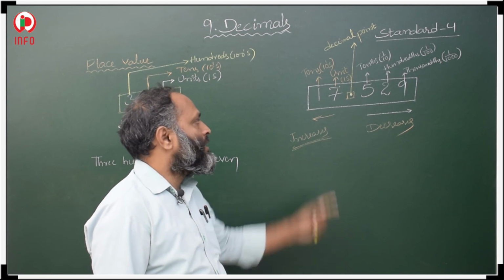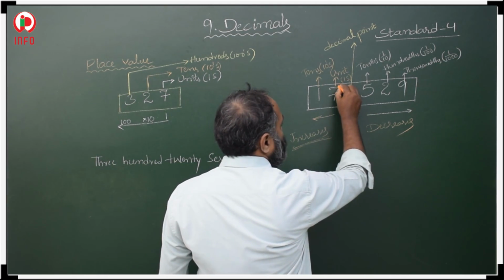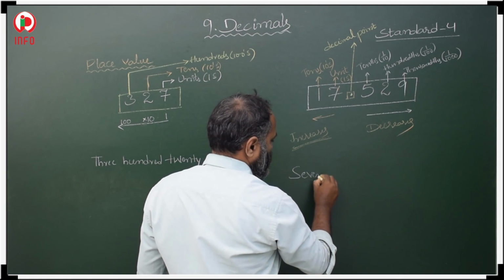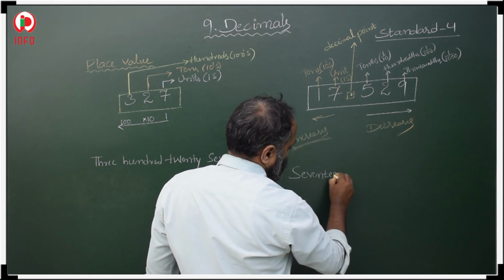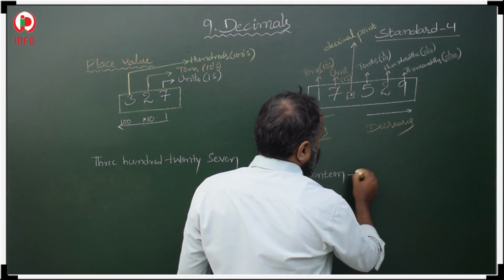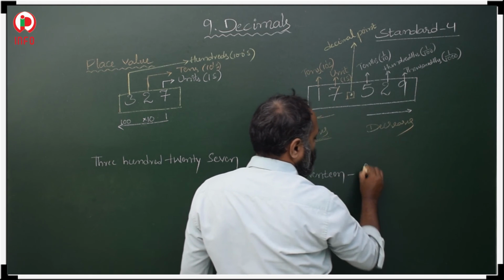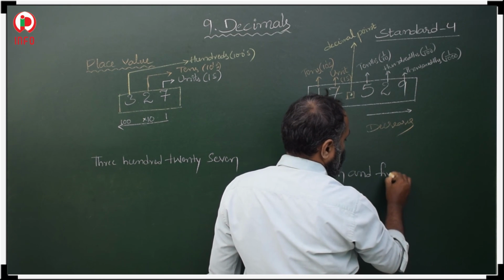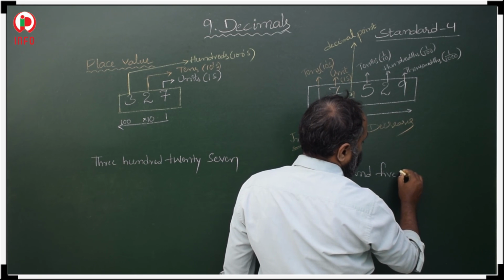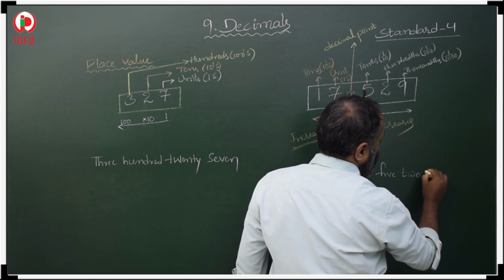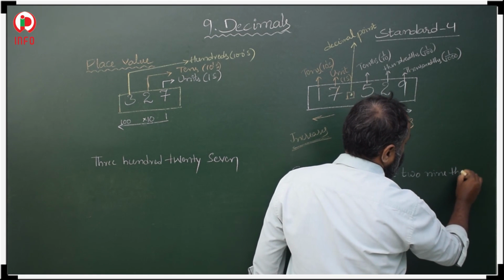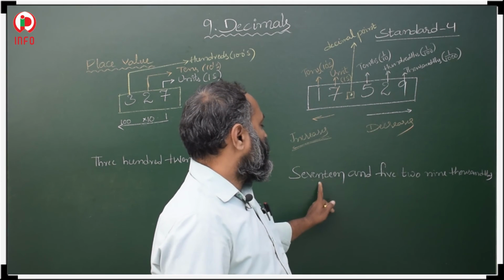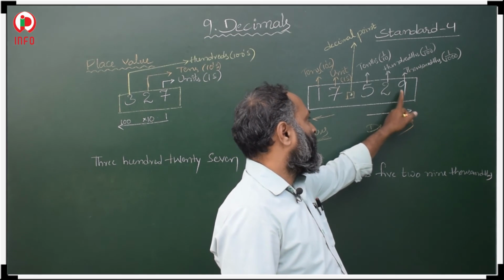Then how to read this one? 17 and 529 thousandths.